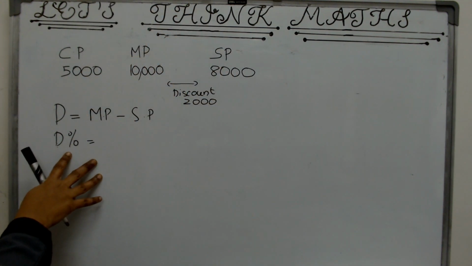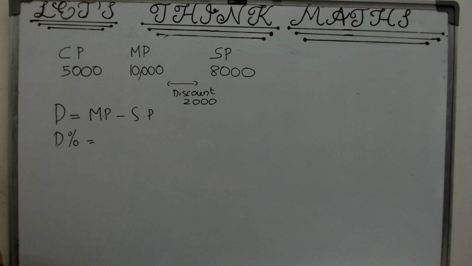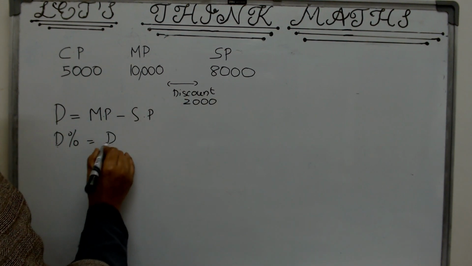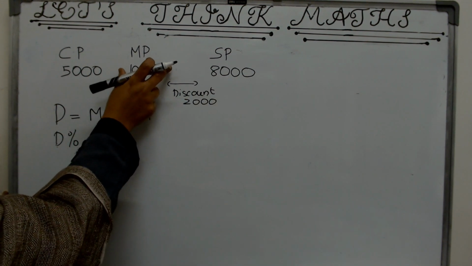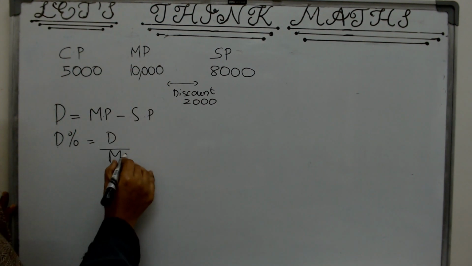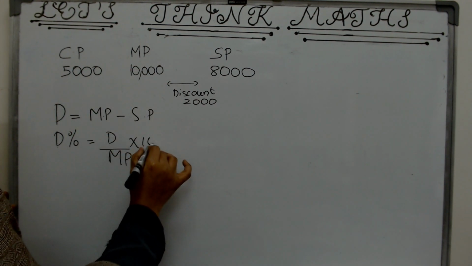And then the percentage, that also follows the same logic. Whether it is profit percentage or loss percentage, that also follows the same logic. What is that? In the numerator, the difference will come. In the denominator, the original value, the value that you started with, that will come, into 100.